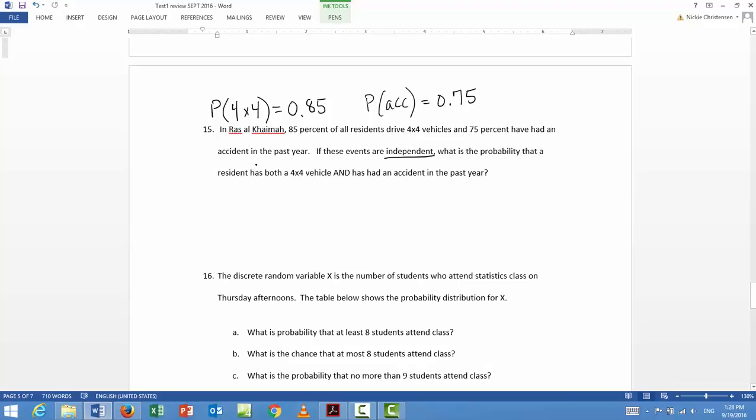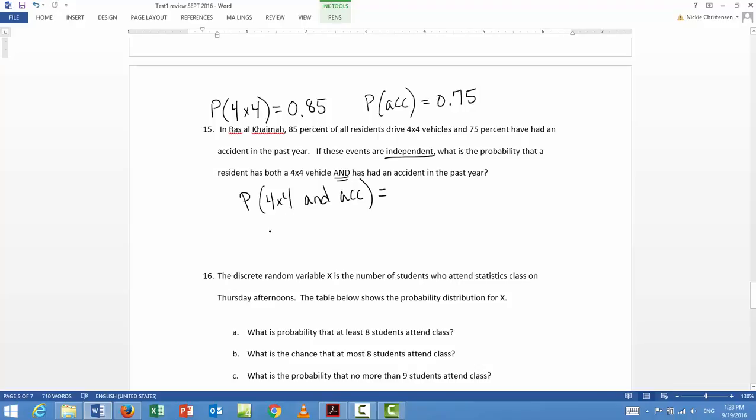They ask us, what's the probability a resident has both a 4x4 vehicle and has had an accident in the past year? So it's asking us for probability of 4x4 and accident. Okay, so all we have to do is just slot in our probabilities.